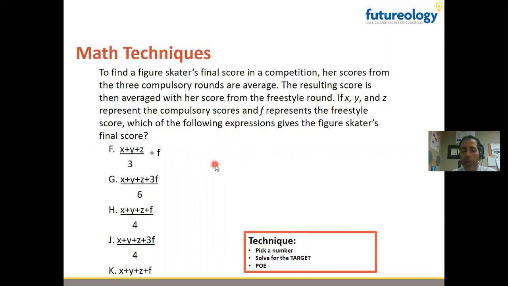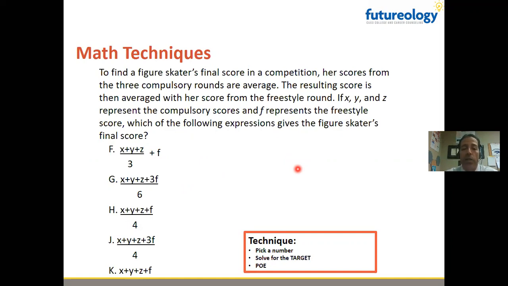I don't know what they are, but when you see a problem like this, instead of dealing with variables, let's deal with numbers. So forget X, Y, and Z. Let's pick numbers. Rika, you could have said 7, 9, and 11. I don't care, whatever you pick. I'm picking 2, 3, and 4 because those are small numbers, they're easy, and they make the math easy. So that's how I got them.